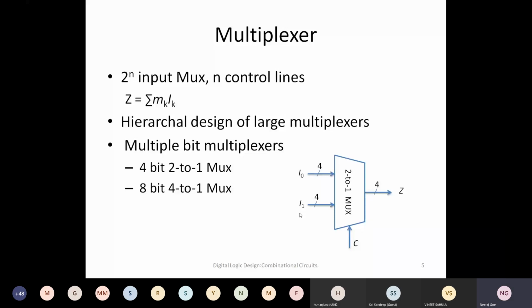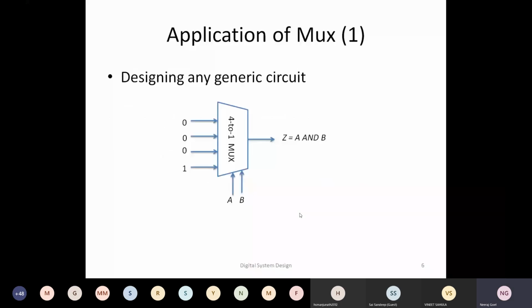The first and most important application is that a multiplexer can be used to design any generic circuit. For example, with a 4:1 multiplexer, you can design any 2-input circuit.